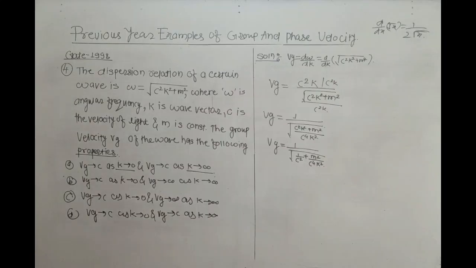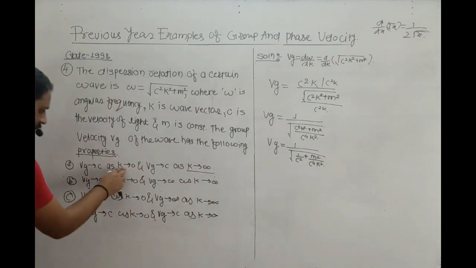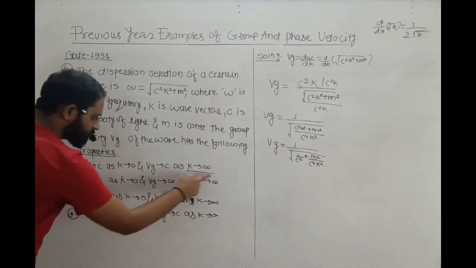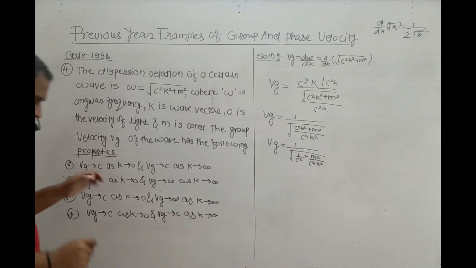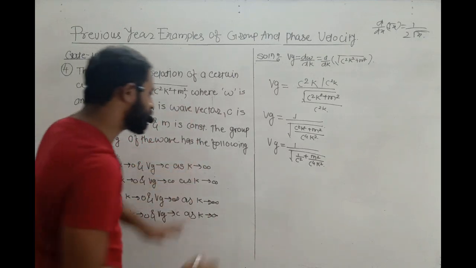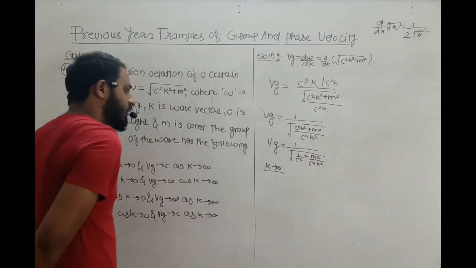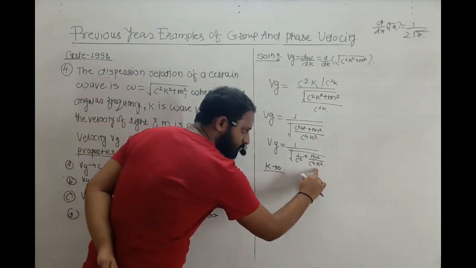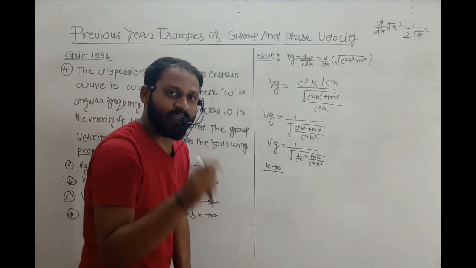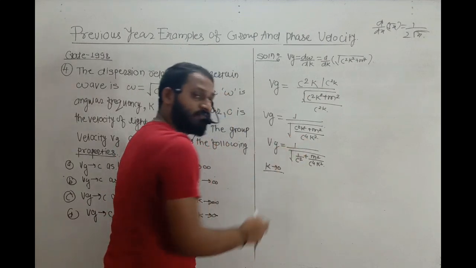Now see, this is our Vg. Now check the options. If k tends to 0, what is the Vg? If k tends to infinity, what is the Vg? That means they are asking the group velocity when k tends to 0 and k tends to infinity. Okay, k tends to 0. In place of k, if I put 0, m square by 0, something by 0 is infinity, and infinity plus something is infinity, and 1 by infinity is 0.